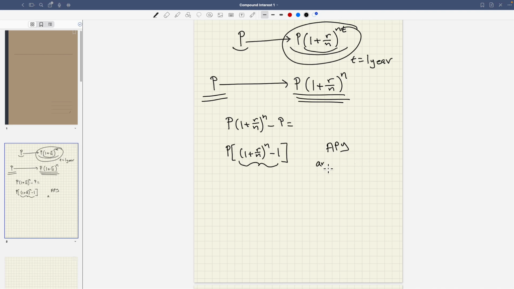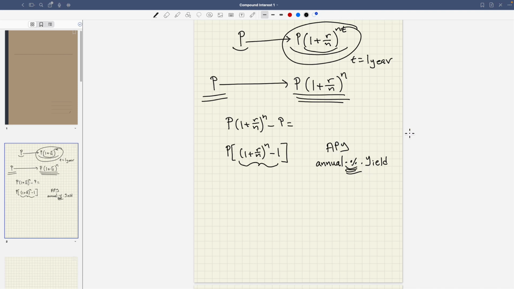So annual means 1 year, or annually, yearly, percent yield, how much you're given in 1 year. And so we are only concerned about the percentage. That's what the P stands for in that acronym APY.